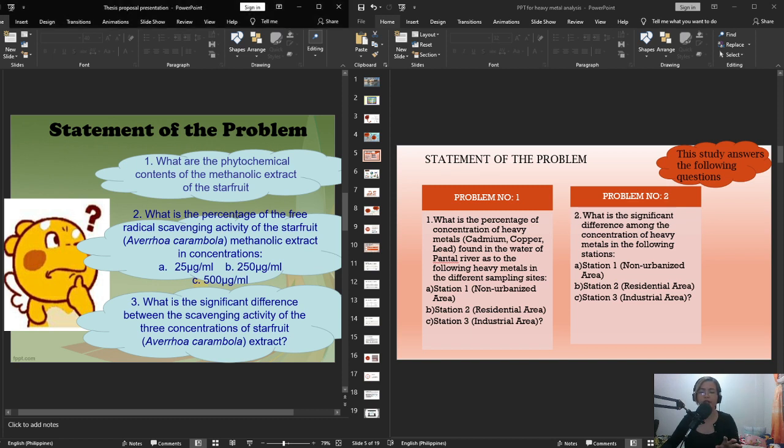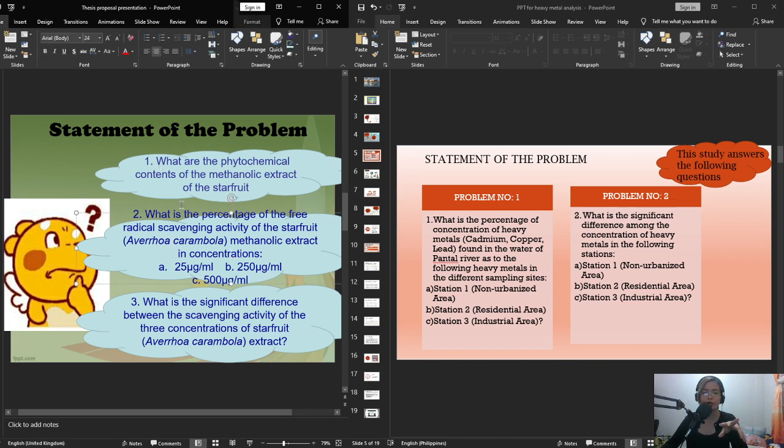Regarding this one, this is a bad example because the lines are 1, 2, 3, 4, 5, 6, 7, 8, 9, 10, 11, 12, 13. So it has 13 lines. You have to divide this one into two slides.